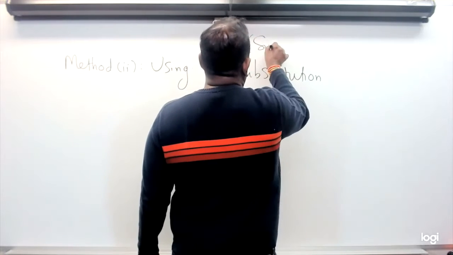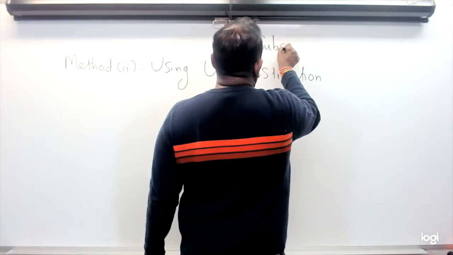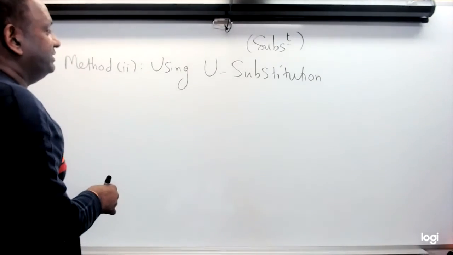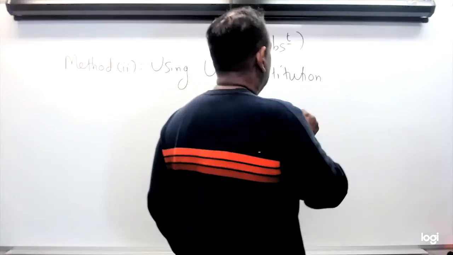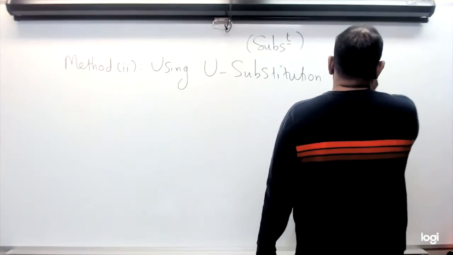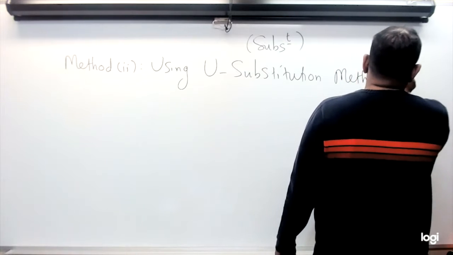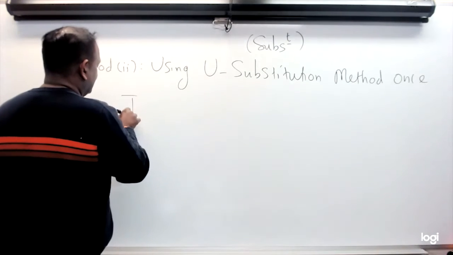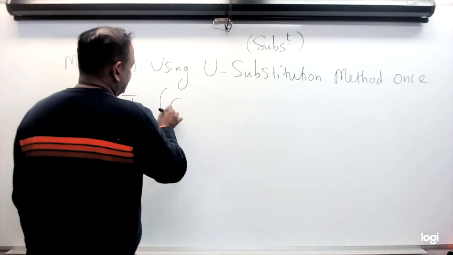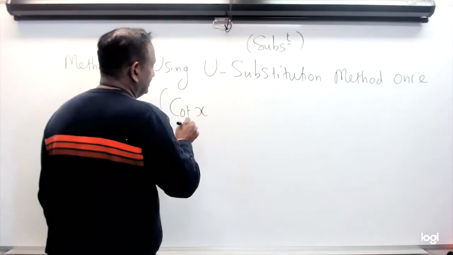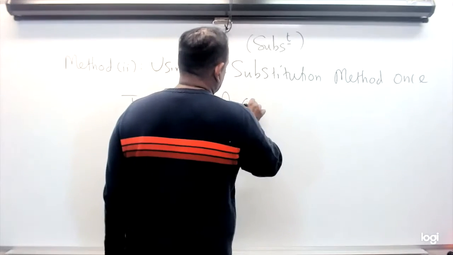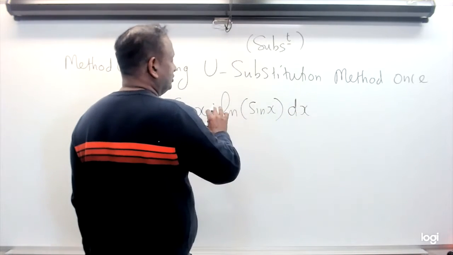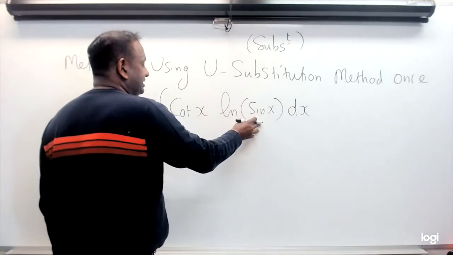Method 1 had this integral, the integral of cot x ln sine x. It doesn't matter where your u or g of x appears, here or here.